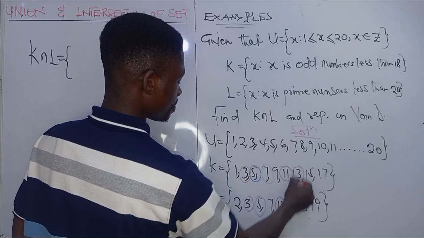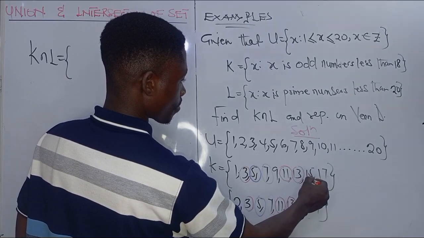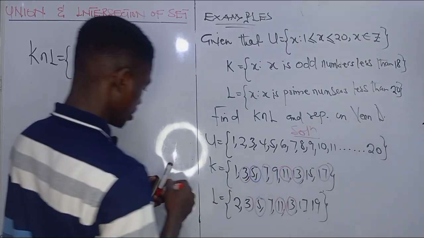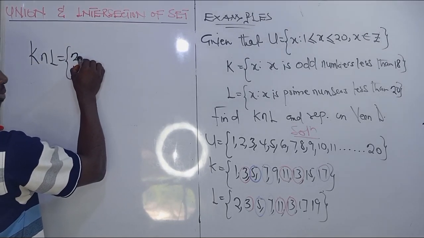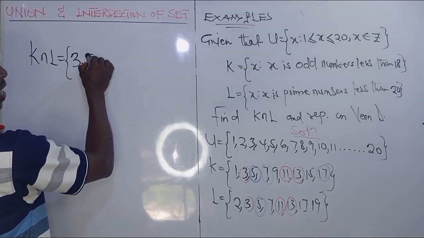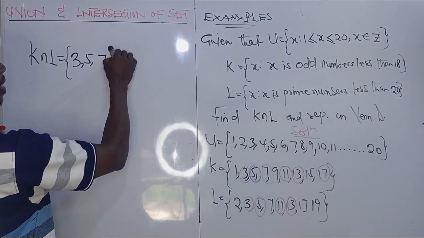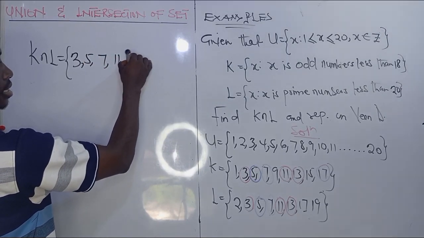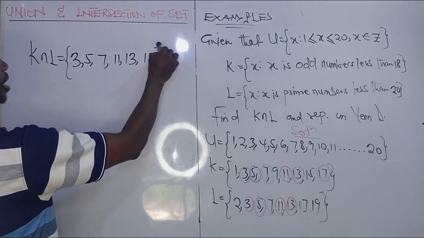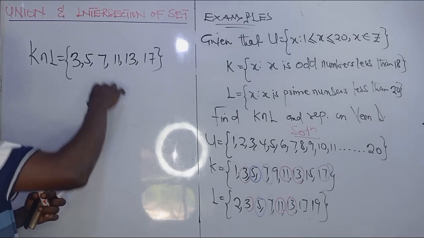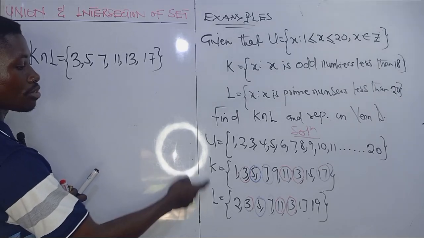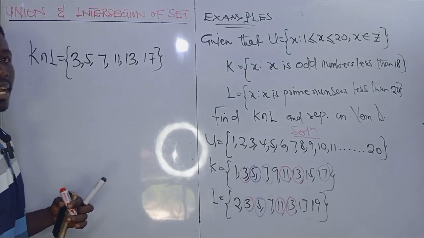We have 13. And then 17. So we are going to get 3, 5, 7, 11, 13, and then 17. All these elements can be found in both sets, K and L.